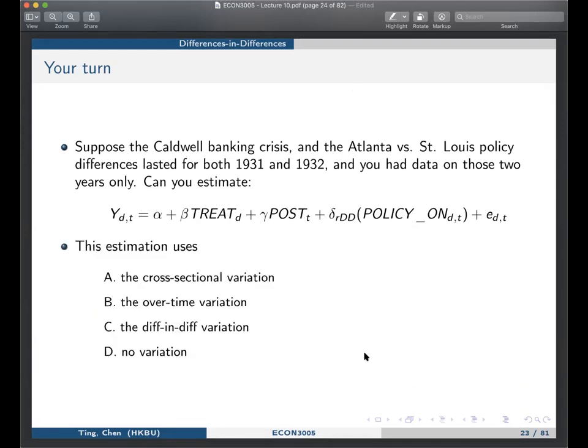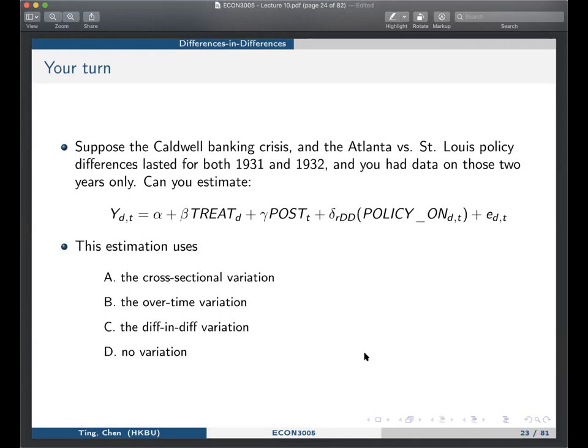The third question. Suppose in the Carver banking crisis, the Atlanta versus St. Louis policy difference lasts for both 1931 and 32, the same as the last question, and you have data on those 2 years only.